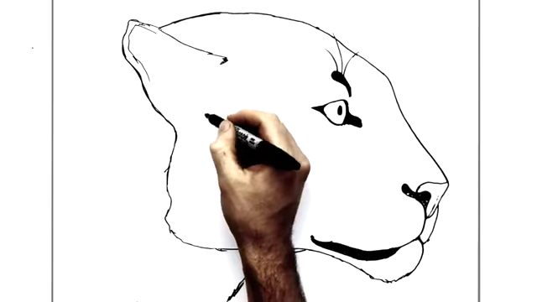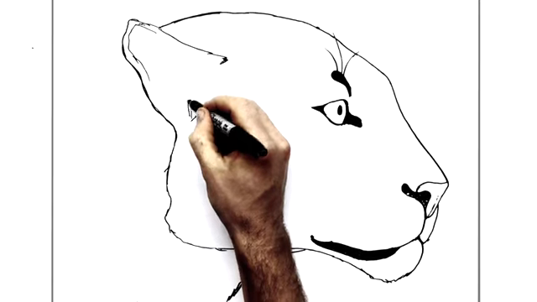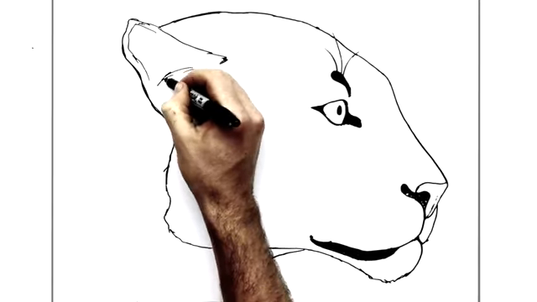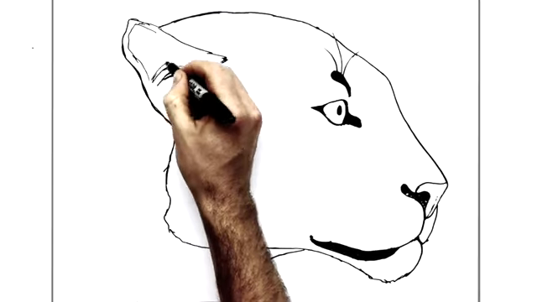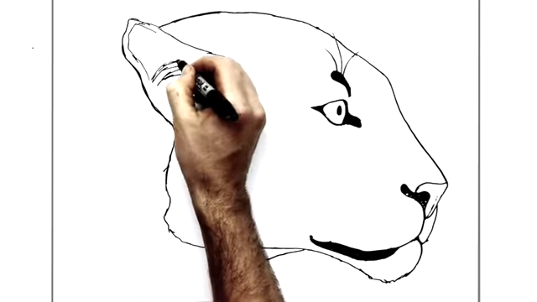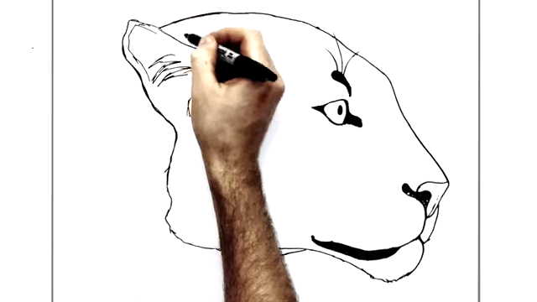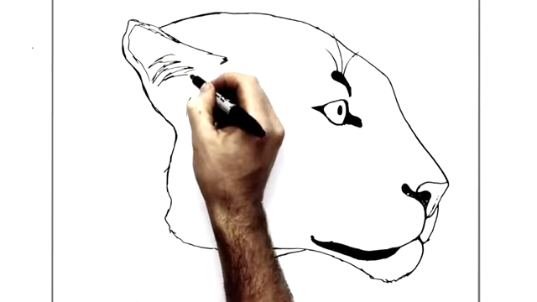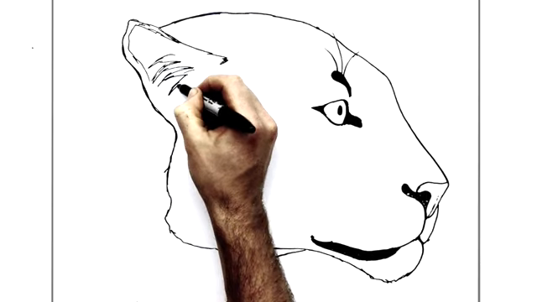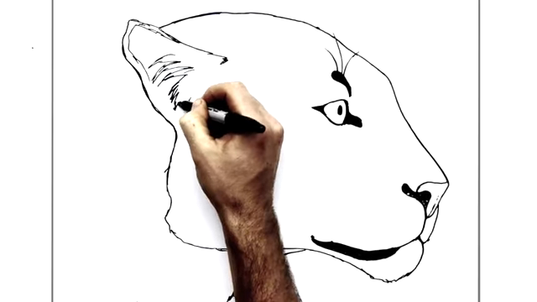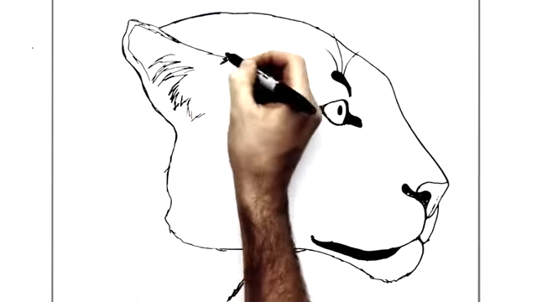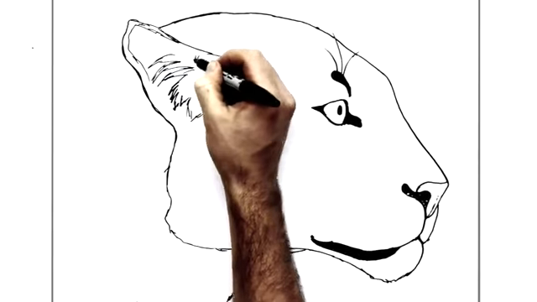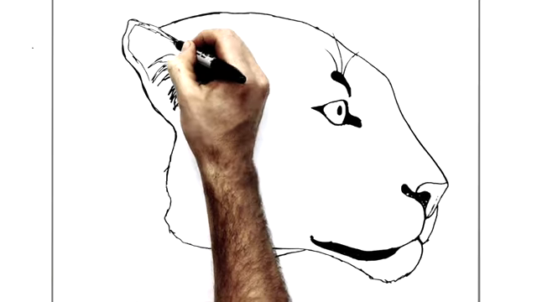And then there is a furry, sort of hairy section just inside that. So fur lines protecting the inside of the animal's ear. Like so, and maybe some just fur lines here coming up.